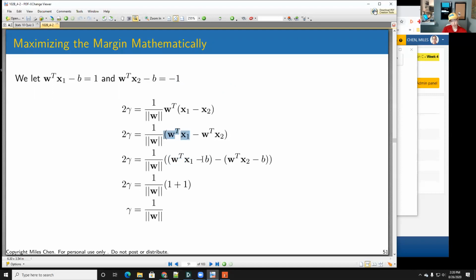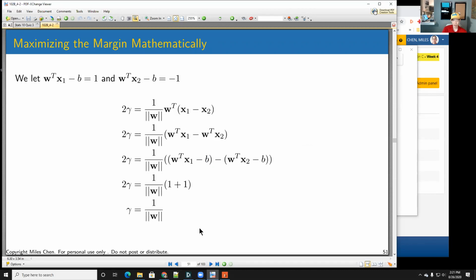To go from here, I'm adding a negative b to this value, and then adding that b back on here because of the minus, and this becomes 1, and this becomes plus 1. So we're adding a negative, and this cancels out the 2 gamma. Whatever that distance, the margin, what we want to do is maximize this value, 1 over the norm of w.